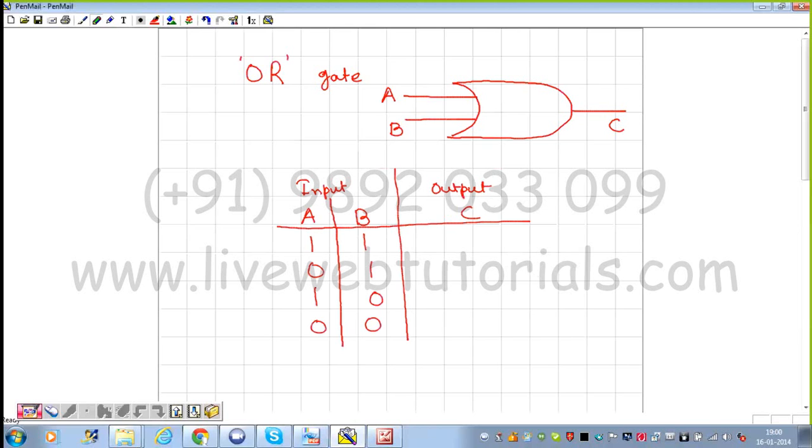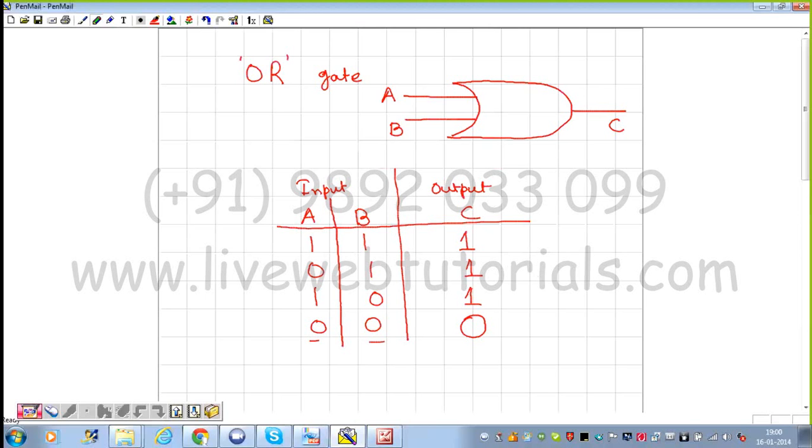Here both of them are 1, so we are going to get the output. Here B is 1, so we are going to get the output. A is 1, we are going to get the output. Here both of them, there is no input, so here we are not going to get any output. This is going to be the truth table for OR gate.